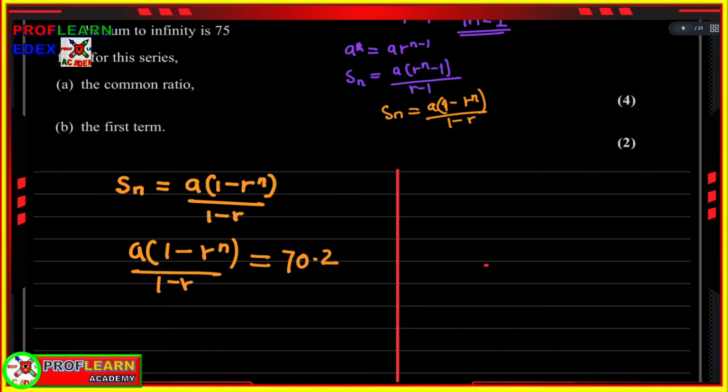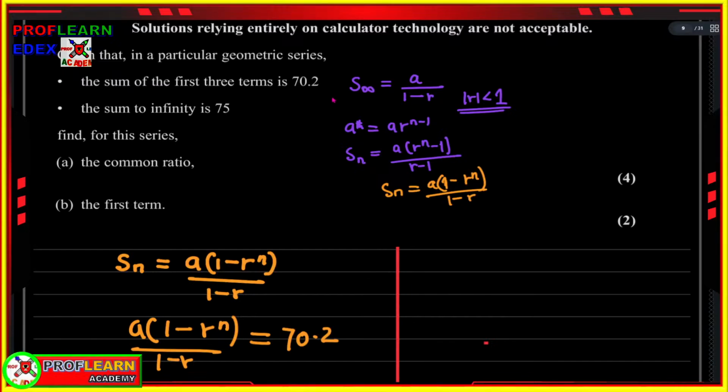Sum to infinity is well seated here. So we are going to say a over 1 minus r is equal to 75.